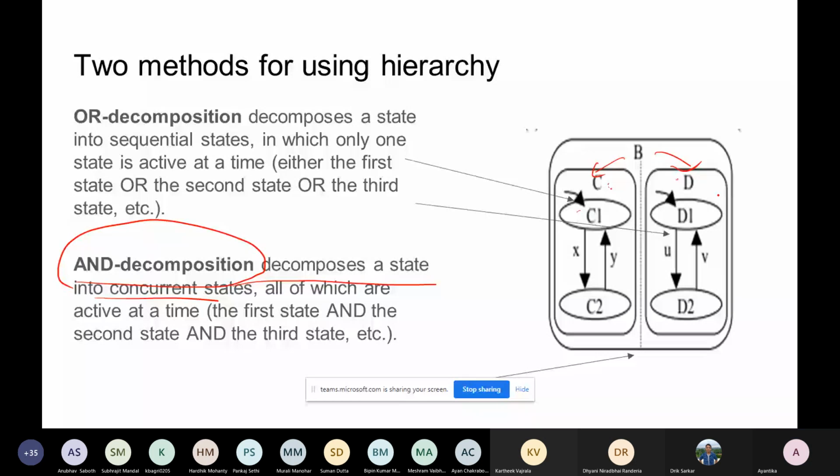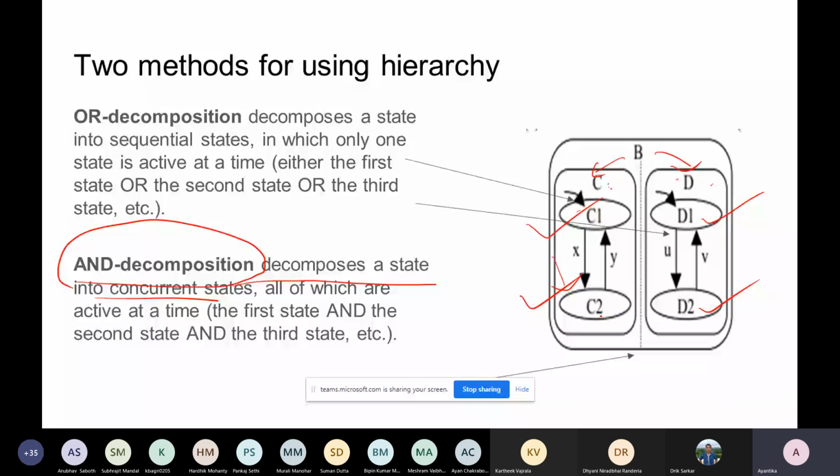But if we go into C or into D, and consider C1 and C2 or D1 and D2, these relations are not exactly the same. If there is some input or transition condition X, C1 makes a transition to C2.